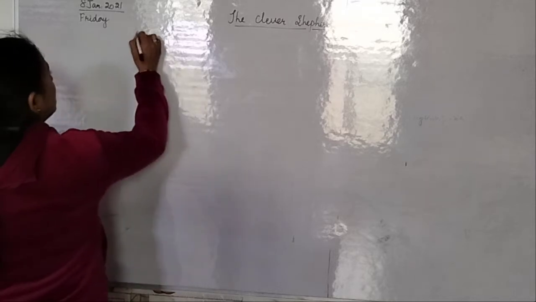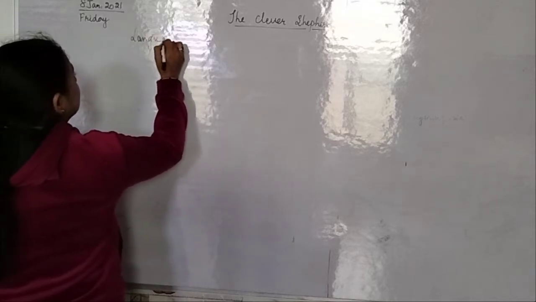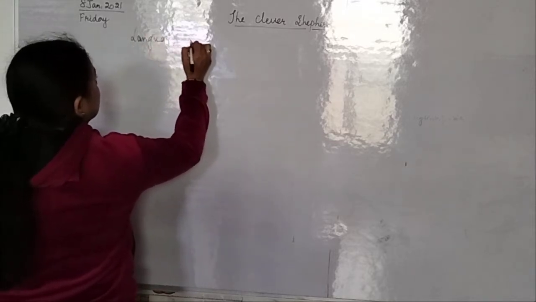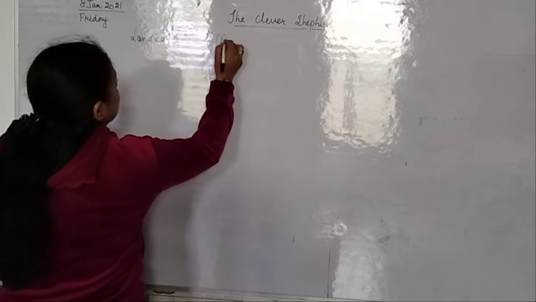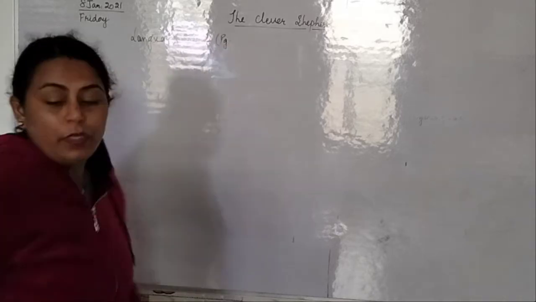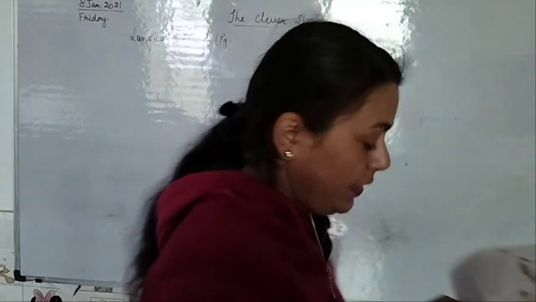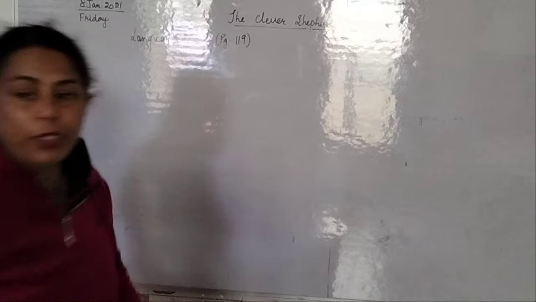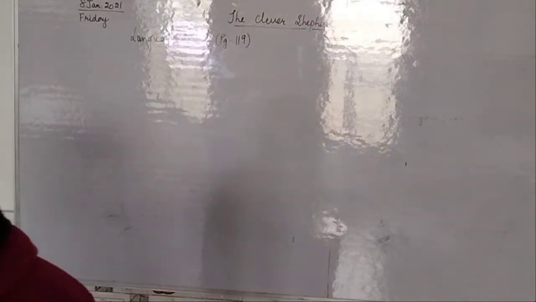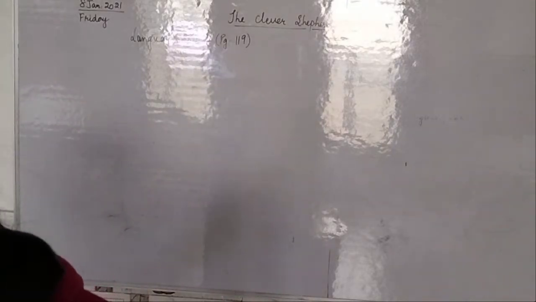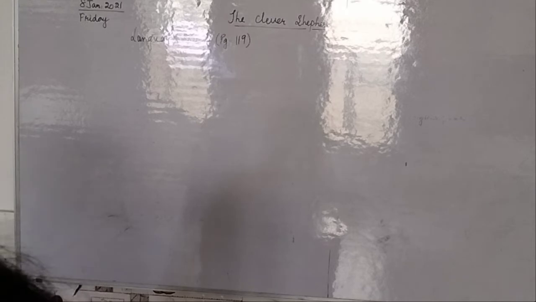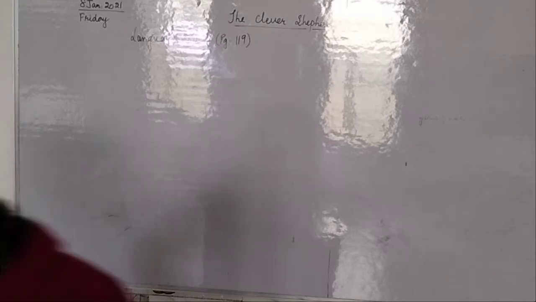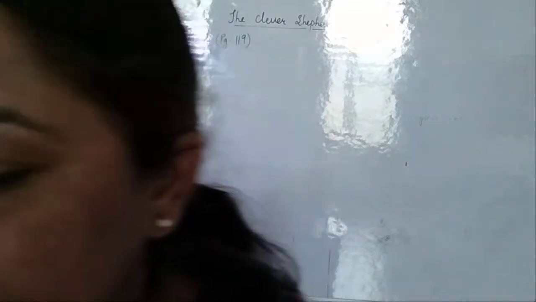We are going to start with the language skills. That is on page number 119. Open your books at page 119 and read the following sentences. A priest ought to be learned as well as wise.